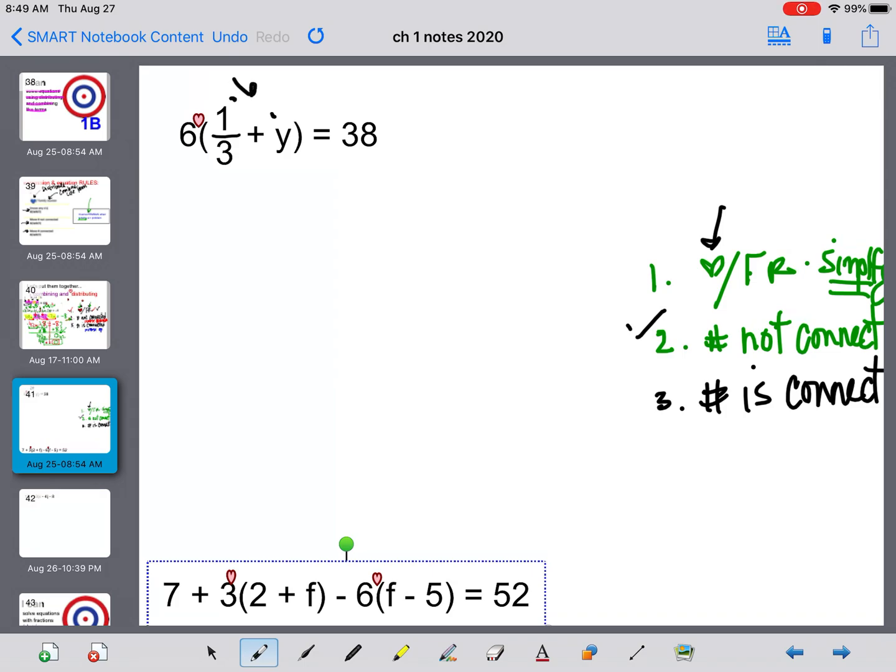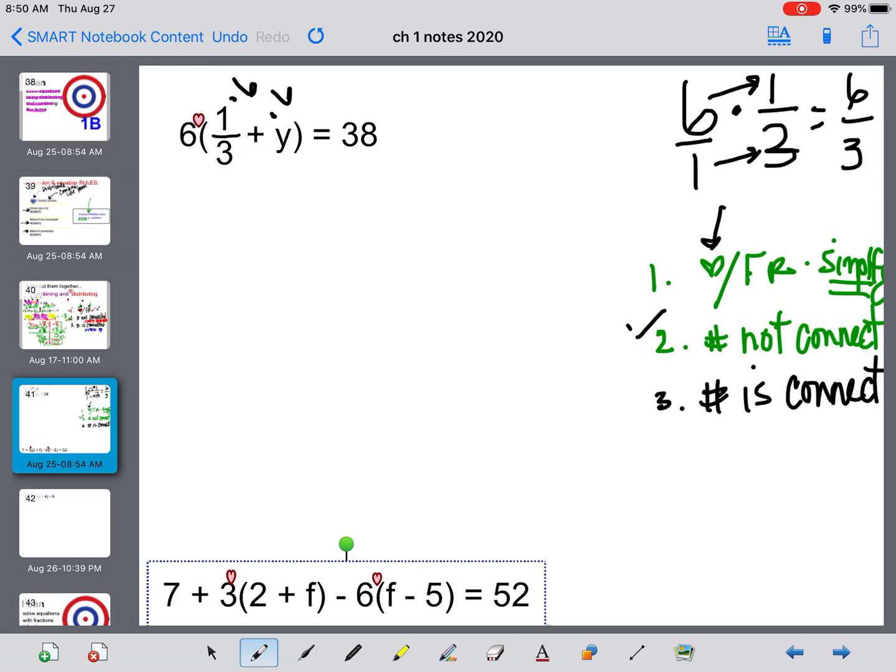And so I'm going to multiply 1/3 times 6, and I'm going to multiply y by 6. Remember, when I'm multiplying a whole number by a fraction like this, that's a third, I just multiply the top straight across. I can make this into 6/1, and I'm multiplying the bottom as well. So my result here is going to be 6/3.